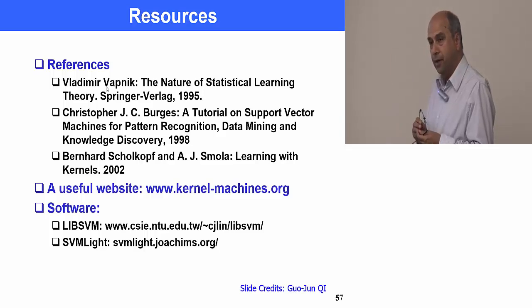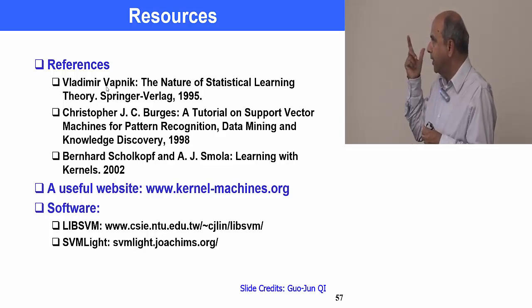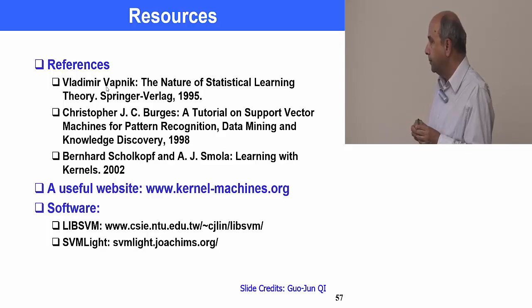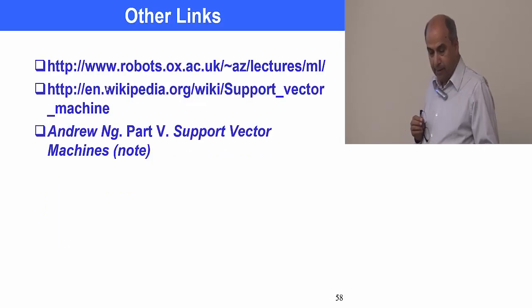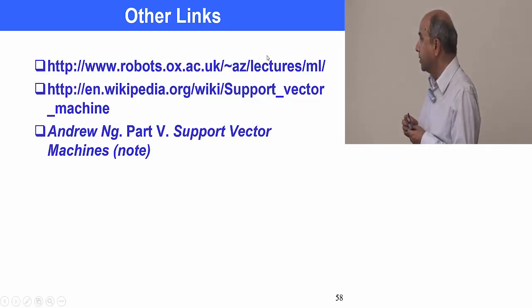But right now he's a professor at Rutgers, and he started, I think, a long time ago, 693 or something. They have a series of papers, and this probably is a book. Then there are many websites you can get code for this, and Andrew Zisserman has a nice link also.